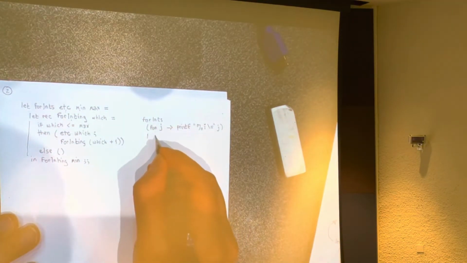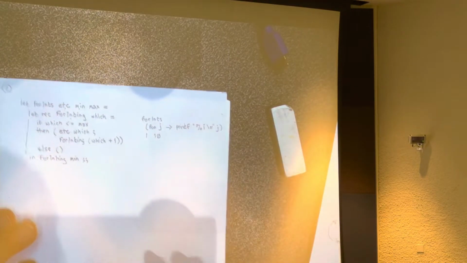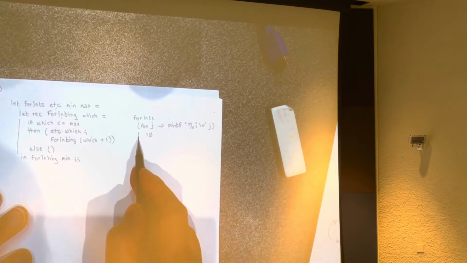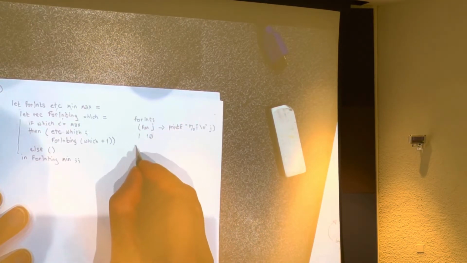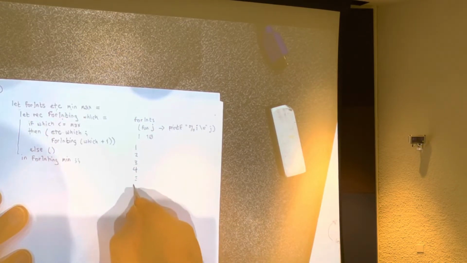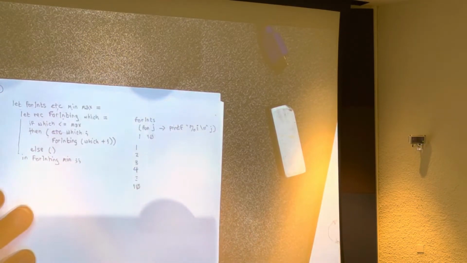Okay, so maybe I could go something like this. I could say for_ints, here's my continuation. I'm going to start at 1 and go to 10, and what this would print is 1, 2, 3, 4, all the way up to 10. And then it would stop.